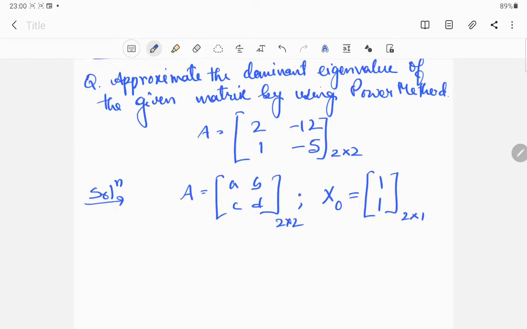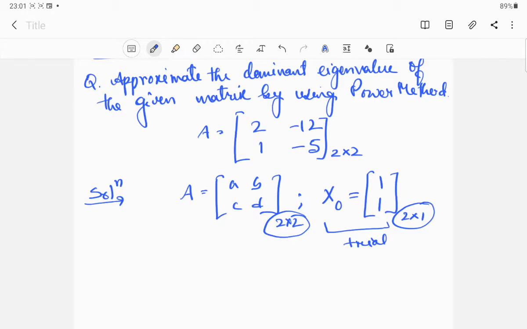Remember that, because in the exam you may have to do it for a 3 by 3 matrix, and then you will have to take a 3 by 1 matrix. So this is the trial matrix, the trial eigenvector. It is not the correct one, we are just trying it.